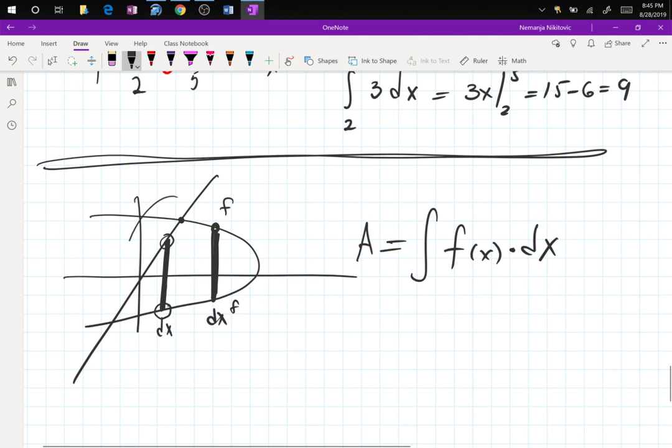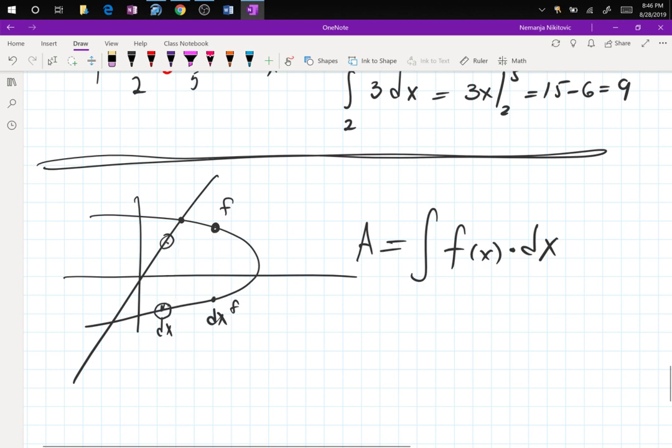So it was not a problem here because it was touching two different functions. But as soon as it passes this line, dx is touching the same function on top and the bottom. And that's how you know you can't use it. Because what's f minus f? And what's 0 times dx? 0. So you are not going to get any value for this entire area. It's just all dead, right?